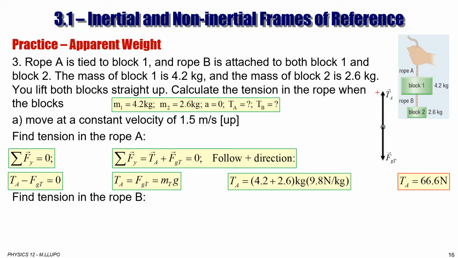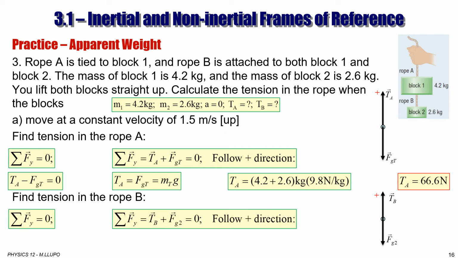Now for tension on rope B, so rope B is actually pulling only block 2. So you do pretty much the same thing, but this time the force of gravity has to be Fg2 only. Okay, then you do pretty much similar to what you did before. Sum of forces on y is 0. Then how many forces do we have? We have 2.